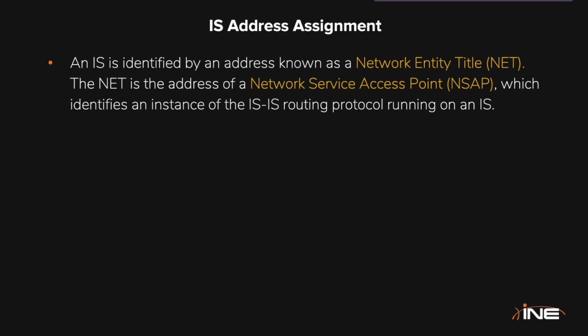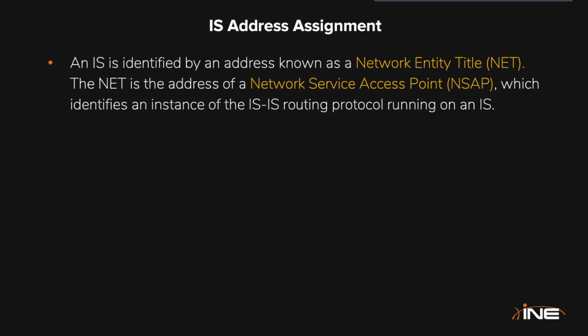Now, how do we configure ISIS? What is exactly the ISIS address format? A router is identified by an address known as NET, which is Network Entity Title. The NET is an NSAP address, which is Network Service Access Point, which identifies the instance of the ISIS routing protocol running on a router.